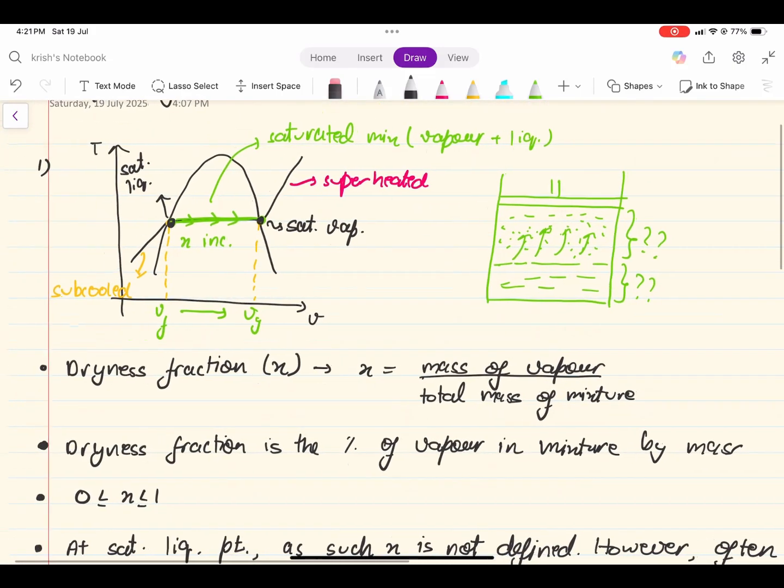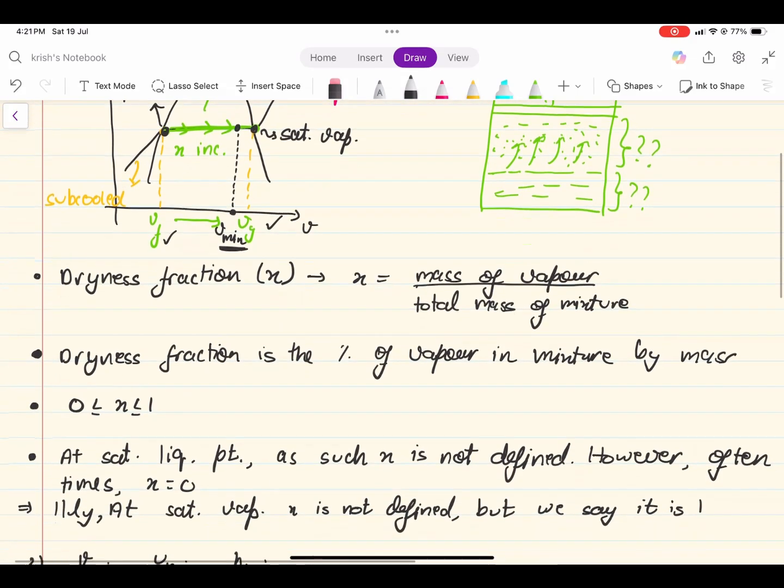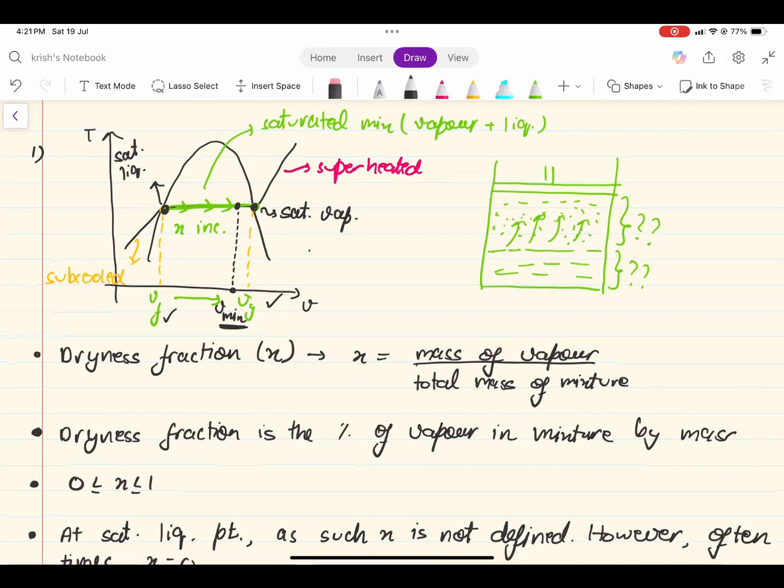If we find out the specific volume, we find out what point on this line our mixture is. For example, we can say that this is the V mix. To find this out, we know the Vf and the Vg from the tables, and x we will be able to find out some other way in the question. Then we apply V mix equals Vf plus x Vfg to find out what this point actually is. However, we will see all of this when we are solving questions.